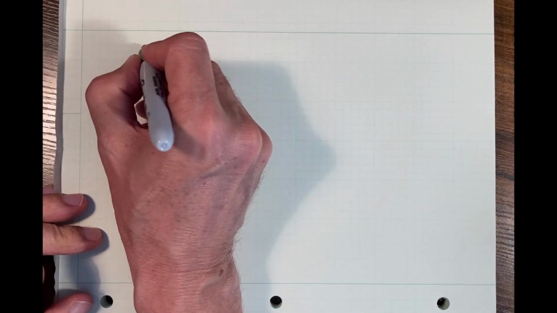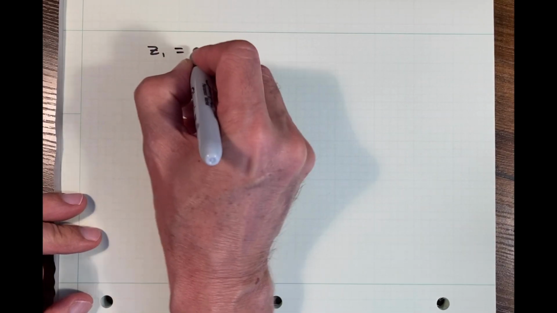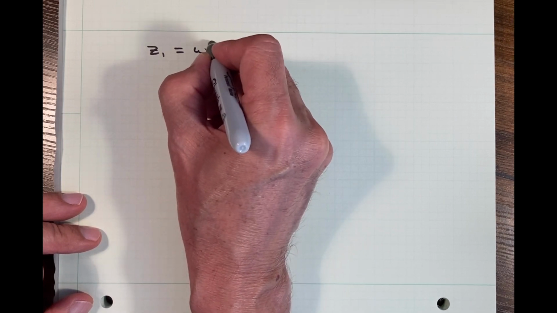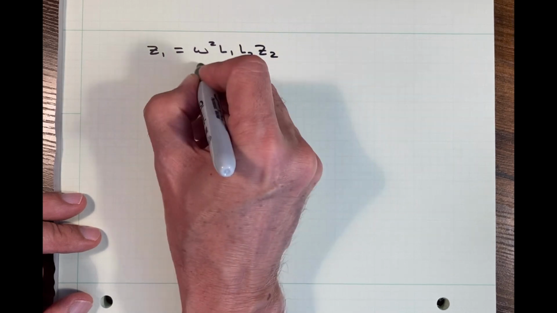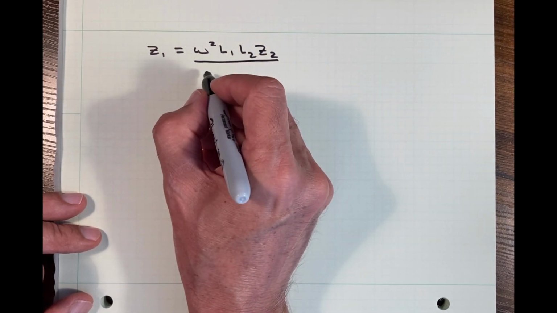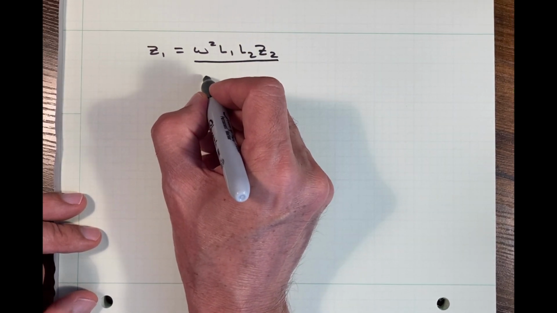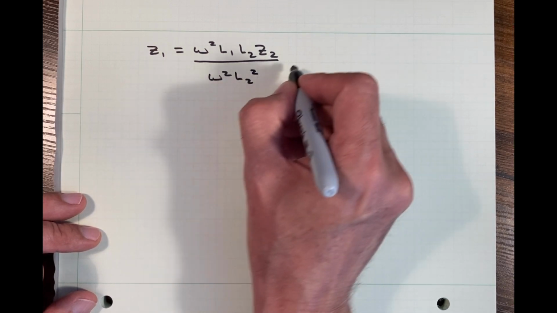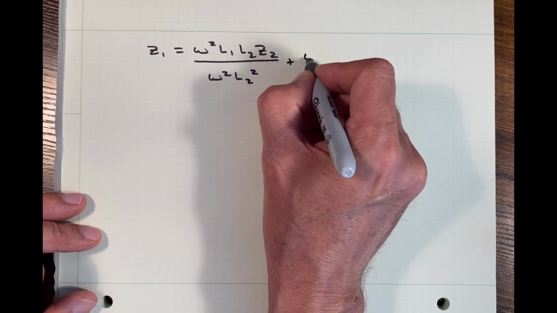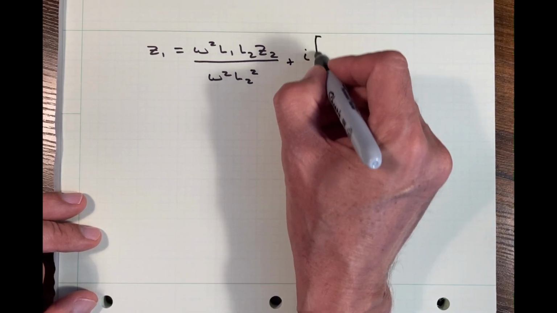We say that Z1 equals omega squared L1 L2 Z2 over, remember, we are deprecating Z2 squared, so we end up with omega squared L2 squared, and then plus I, the imaginary constant there.